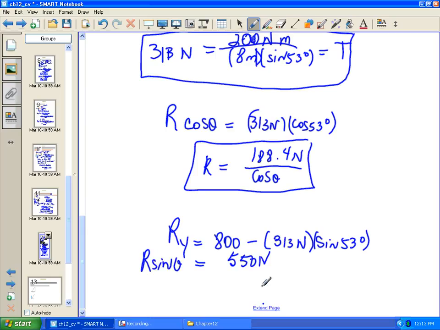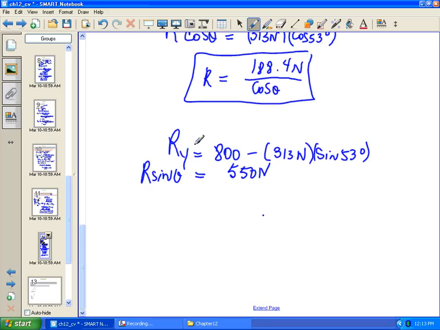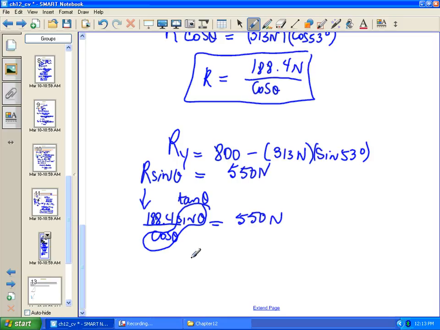Now what we're going to do is substitute 188.4 divided by cosine theta into this term here: 188.4 divided by cosine theta multiplied by the sine of theta, effectively giving us the tangent of theta, setting that equal to 550 newtons, gives us the inverse tangent, and therefore a way to determine the angle.